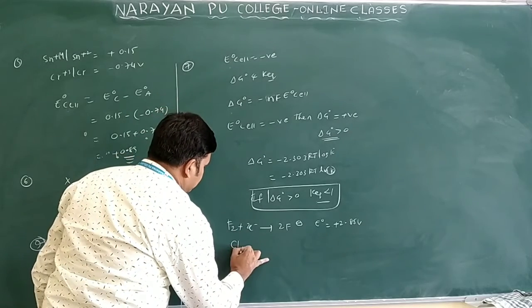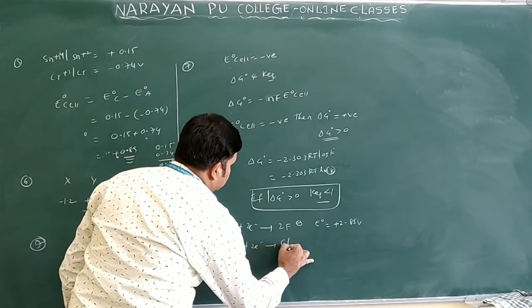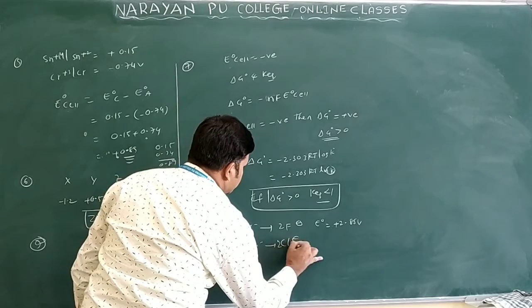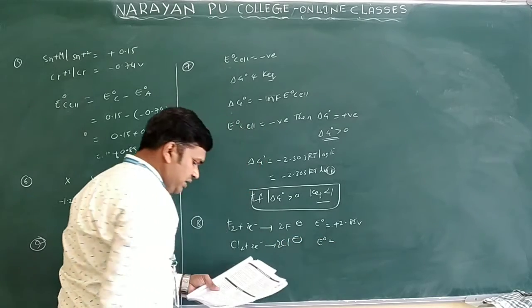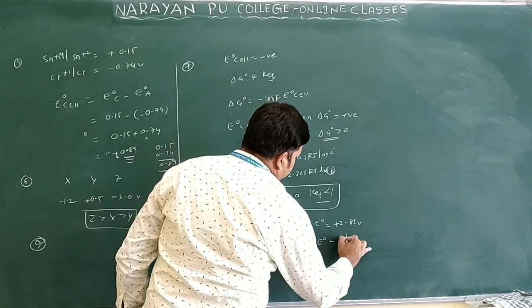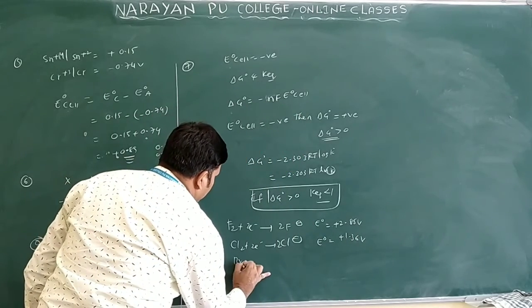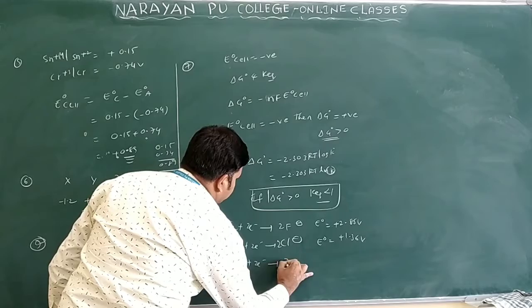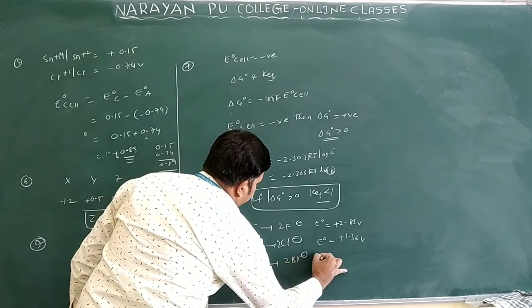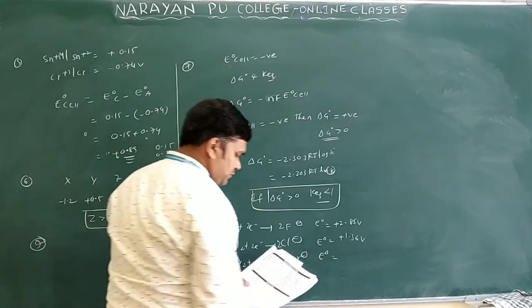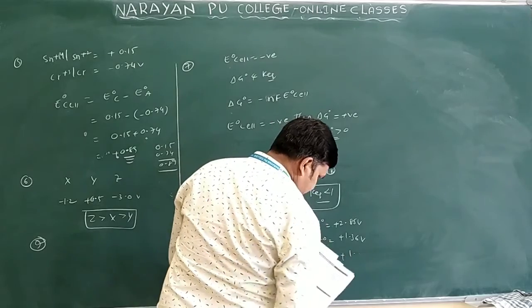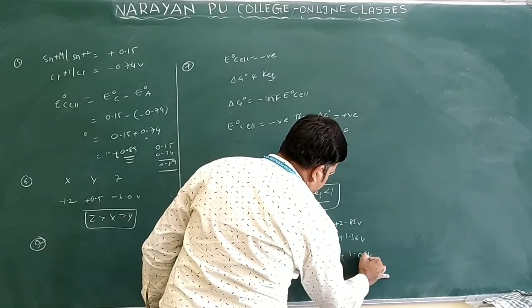Next Cl2 plus 2 electrons gives 2Cl minus, E naught is plus 1.36. Next Br2 plus 2 electrons gives 2Br minus, E naught is plus 1.06 volts.